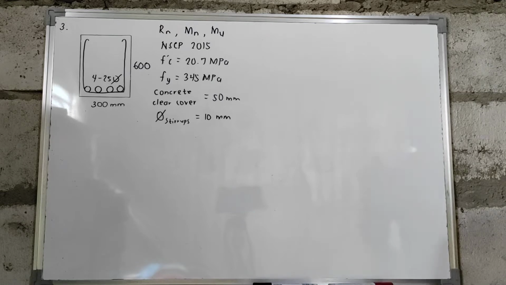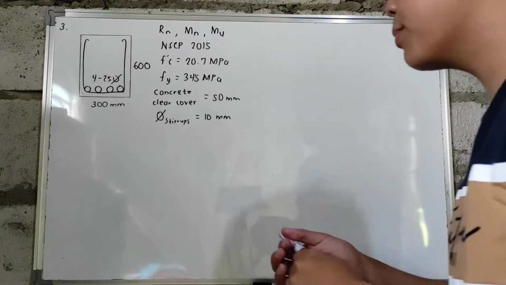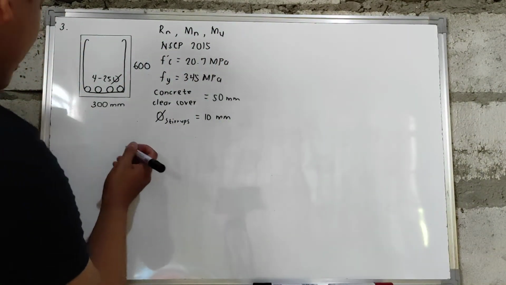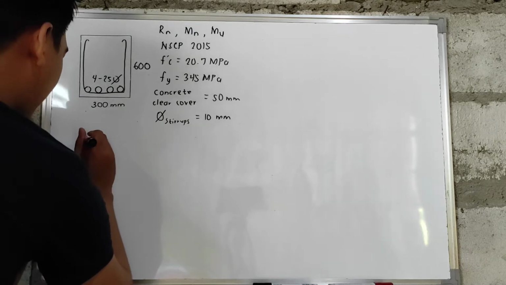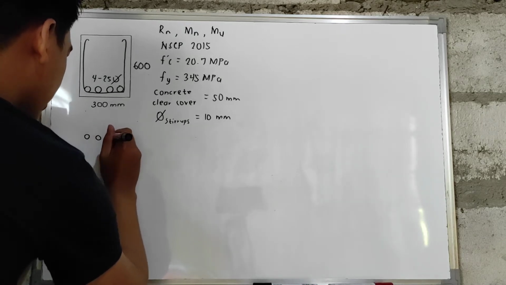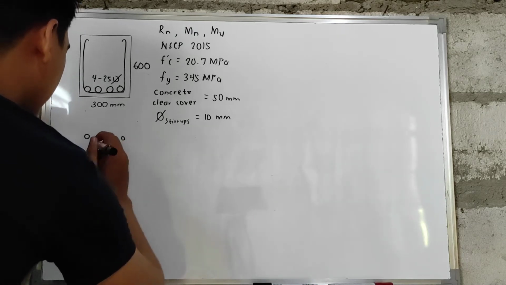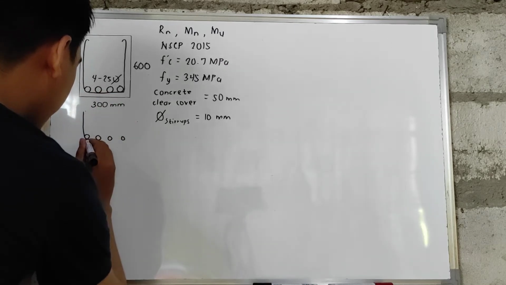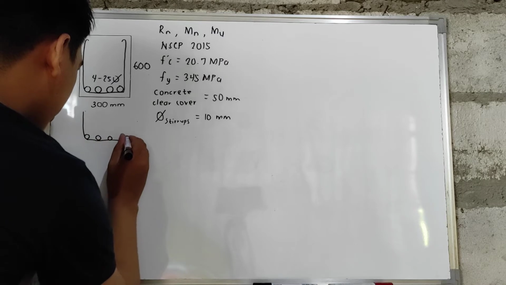So from the word itself, clear cover. So meaning to say, so kung i-magnify natin ito, so let's say ito yung mga bakal natin. So meron tayong apat na bakal daw. And isasama ngayon natin yung ito yung stirrups natin o yung anilyo.